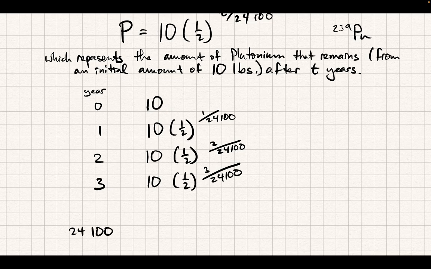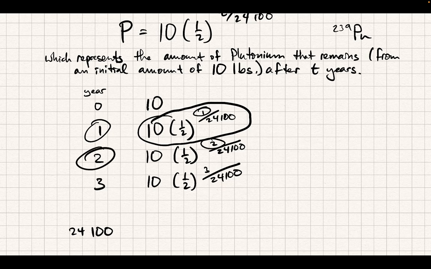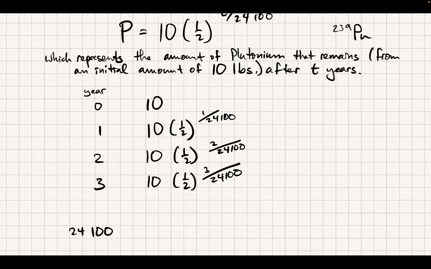After 24,100 years, how much plutonium is left? So after 1 year, I have 10 times 1/2 raised to the 1 over 24,100. After 2 years, and after 24,100 years, what do I have?